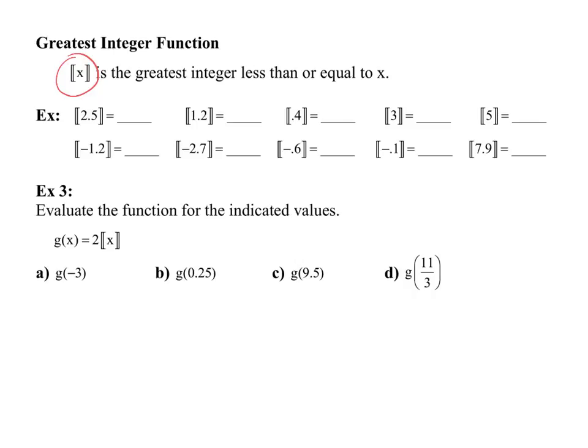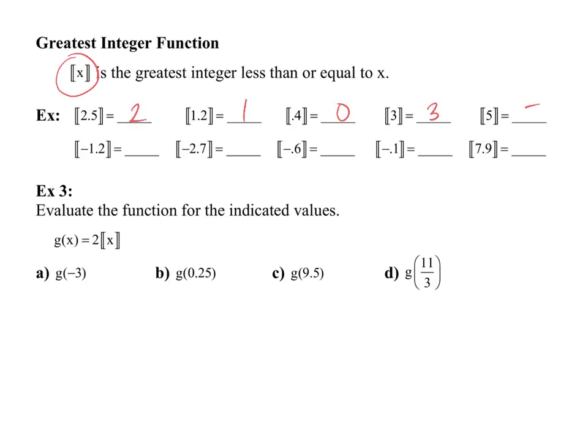So for example, 2.5, if you move to the left, what's the first integer that you'll hit? 2. For 1.2, if you move to the left, what's the first integer that you'll hit? 1. How about 0.4? Remember, you're moving to the left. 0. 3, if you're already at an integer, you don't need to move at all. It's just the integer itself.